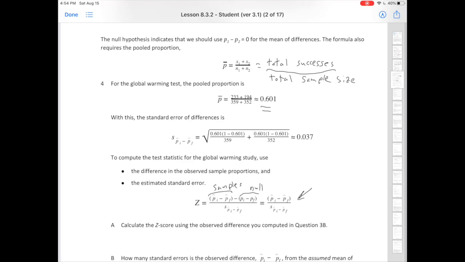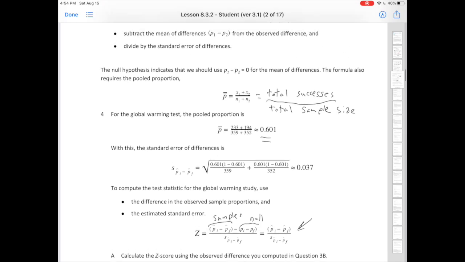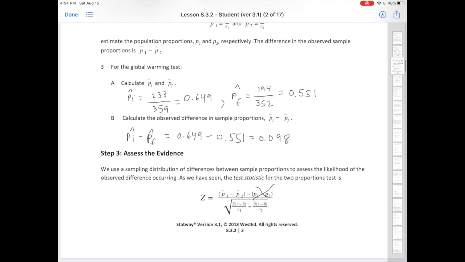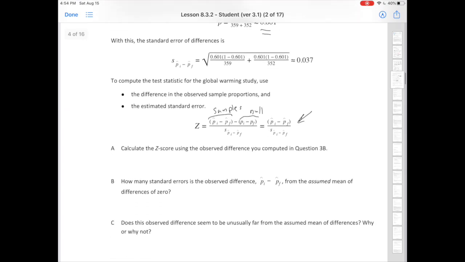Remember, we had a difference. We calculated that difference in 3b, so let's come back here. 3b was 0.098 for my difference. So the z-score is equal to 0.098. Remember, we're subtracting 0, so it's like there's nothing there.